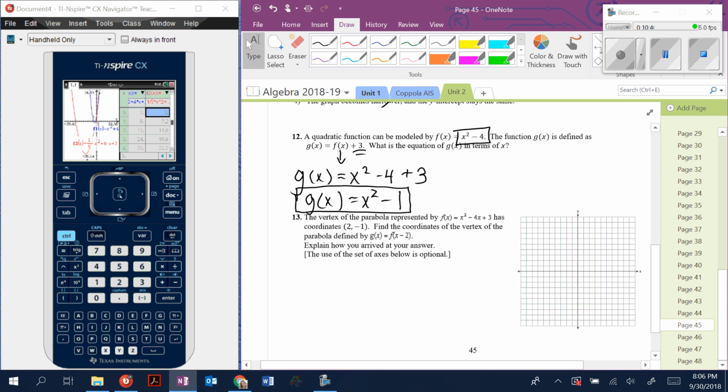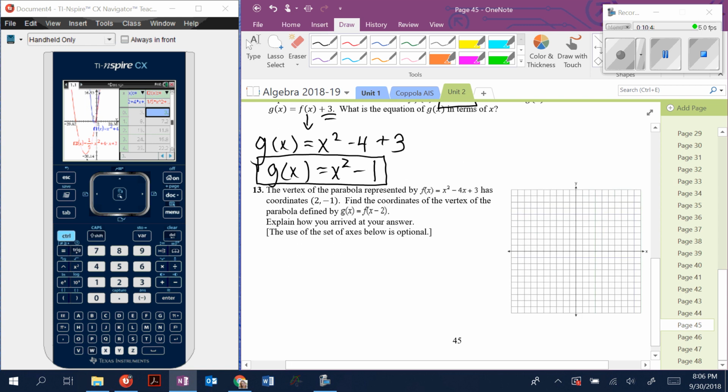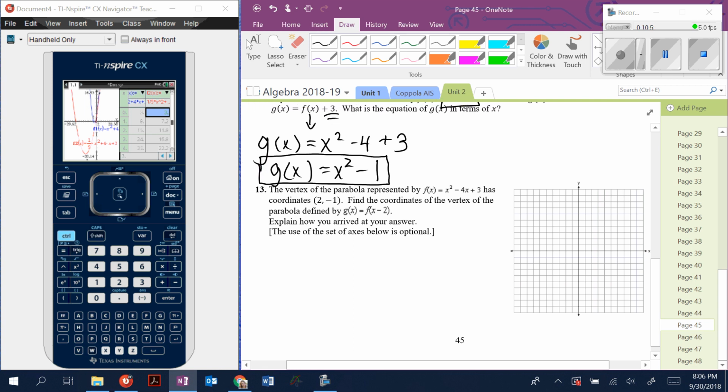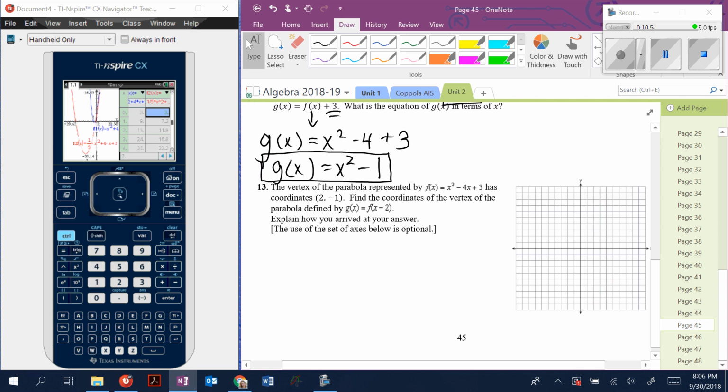Okay, number 13. The vertex of this parabola has the coordinates 2, -1. Find the coordinates of the vertex of the parabola defined as g of x is equal to f of x minus 2. We can use graph paper, but I'm not going to use it yet. What happens if we see a minus 2 inside the parentheses?